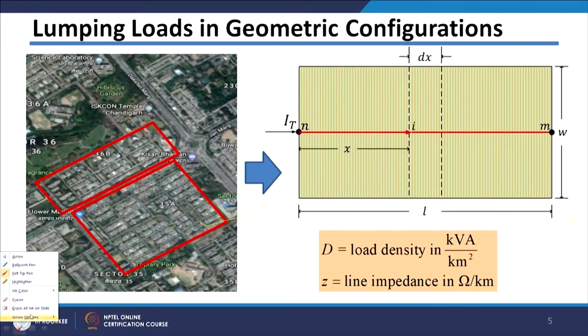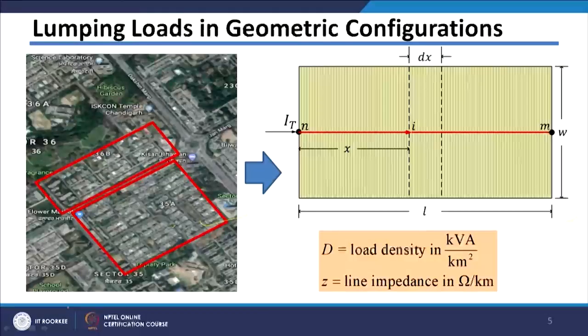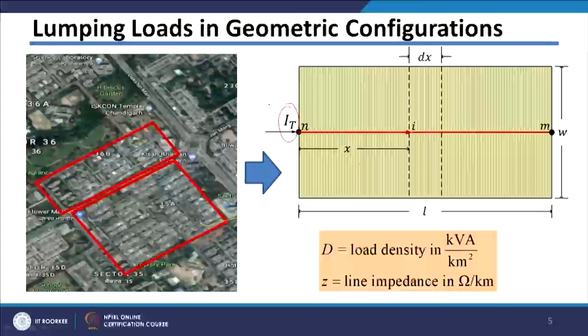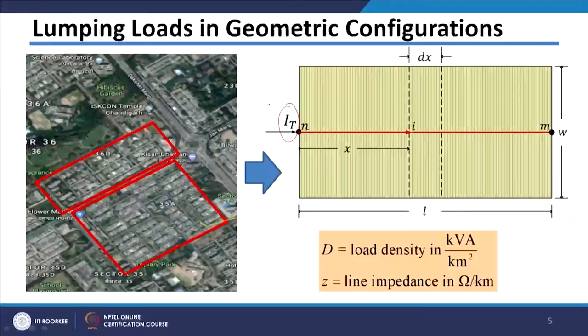So, in this case I am considering the length of this rectangular area to be L, width W, and the total current which is entering this rectangular area is say IT, and we are interested in calculating the voltage drop which is happening between point N to point M, and similarly the power loss in this particular feeder.